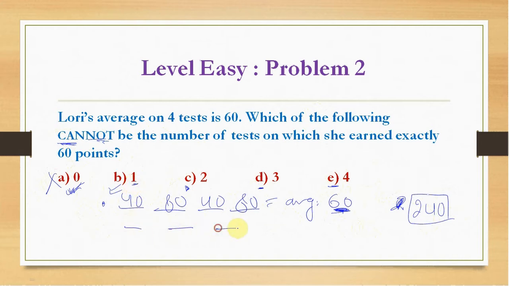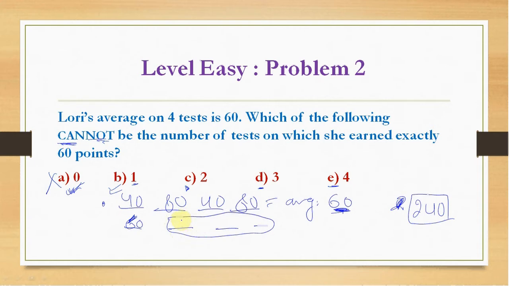Now about 1. She can obtain 60 here and obtain a total of 180 on the other 3 tests.